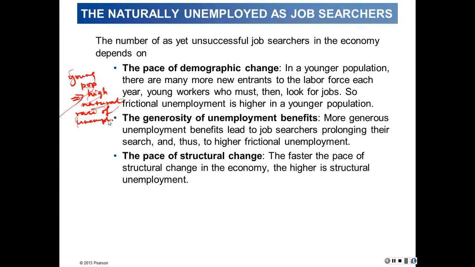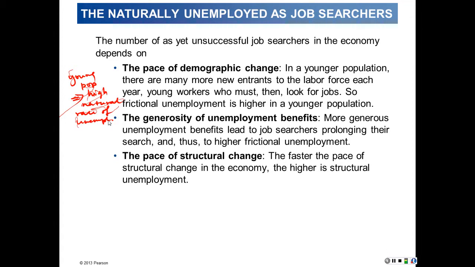Okay. The second point I mentioned was the generosity of unemployment benefits. If the government is very generous with its unemployment benefits, the number of the naturally unemployed is likely to be higher. Why is that? Because job searchers will prolong their job search. They will be more choosy about accepting job offers because the government is looking after them in the meantime, right? Third, the pace of structural change.